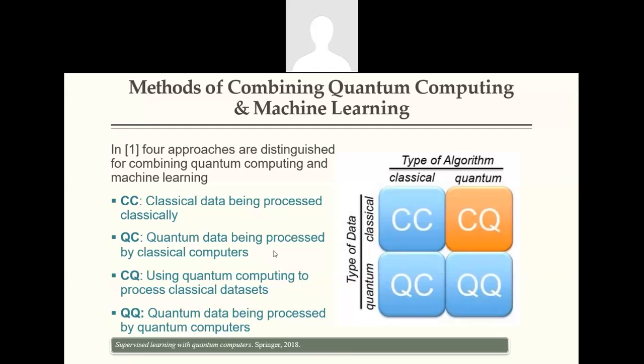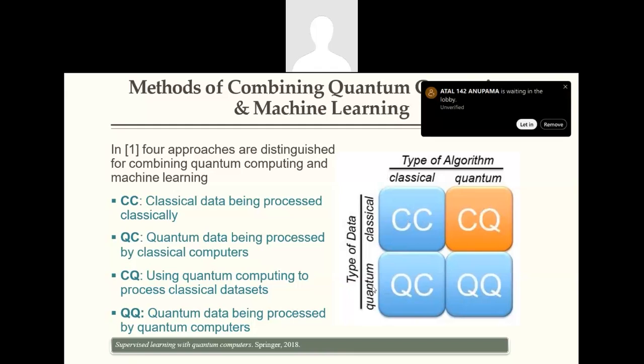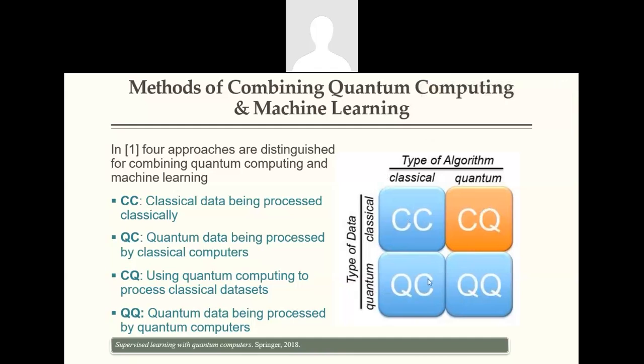That means classical data, first this classical data being processed classically. Here, using quantum computing, here the data. So quantum data will be processed by using classical computers.